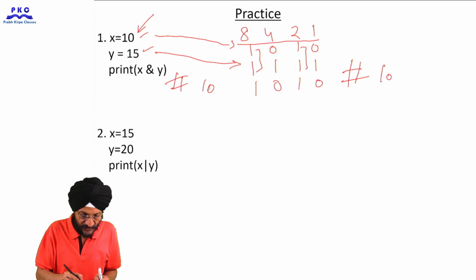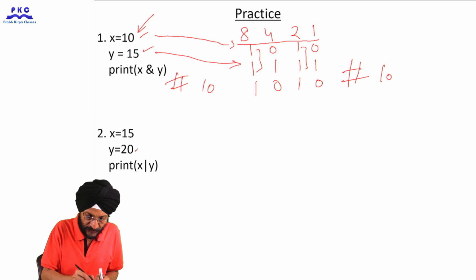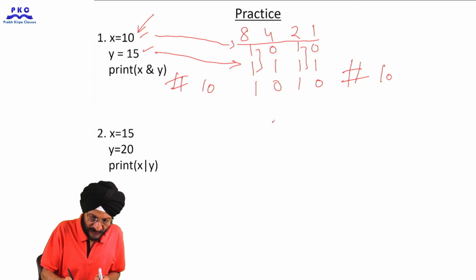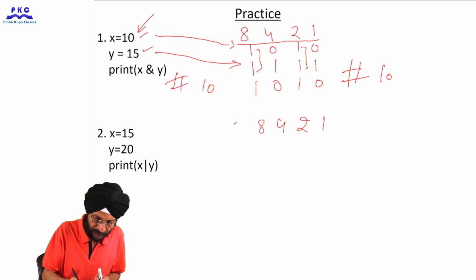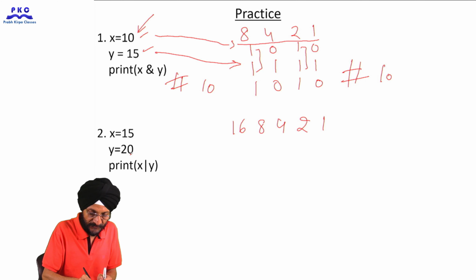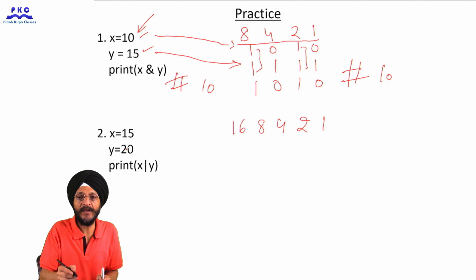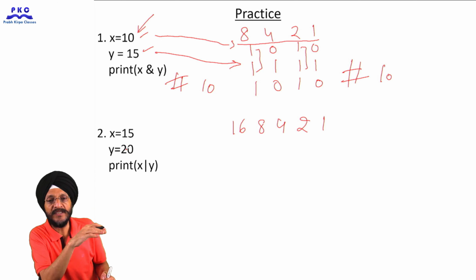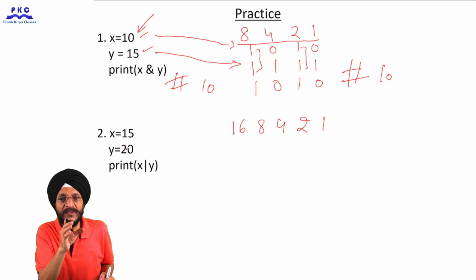Next is X is 15, Y is 20. So we will start from here: 1, 2, 4, 8, 16. We have written up to 16 because here the value of Y is 20. We will write up to that which is less than or equal to 20.